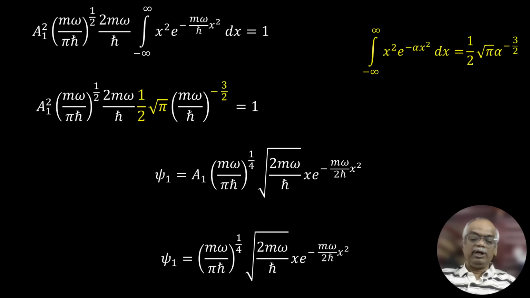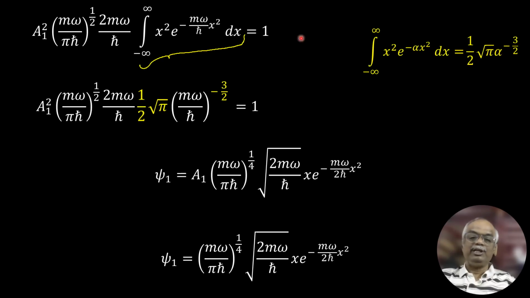So now we have to find the value of this integral. You can see this is a Gaussian form, for which the integral between minus infinity to plus infinity of x squared e power minus alpha x squared dx is equal to 1 over 2 square root of pi times alpha power minus 3 by 2.